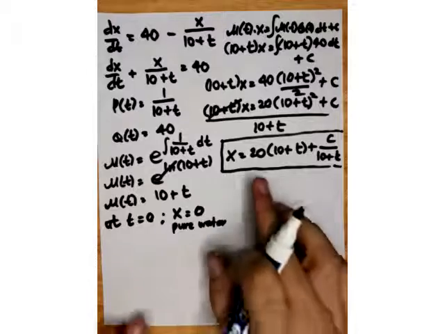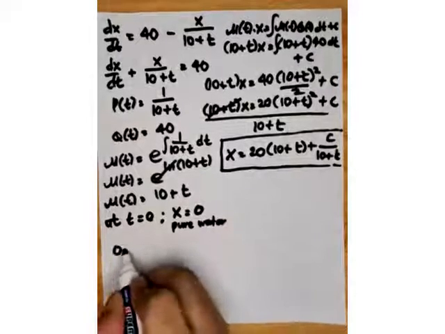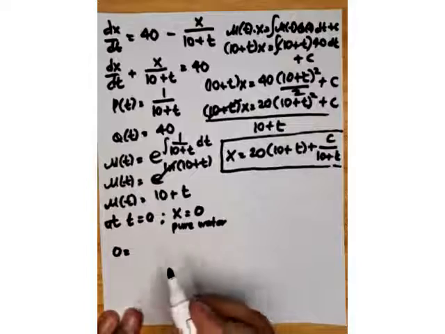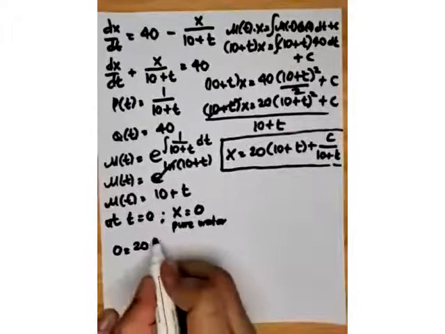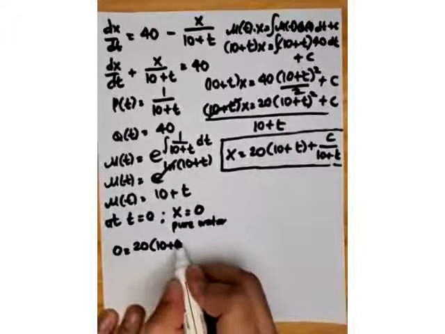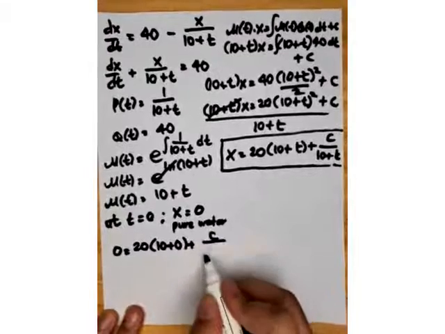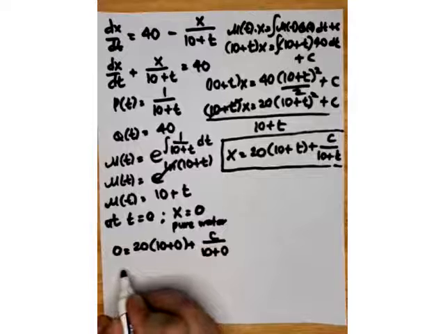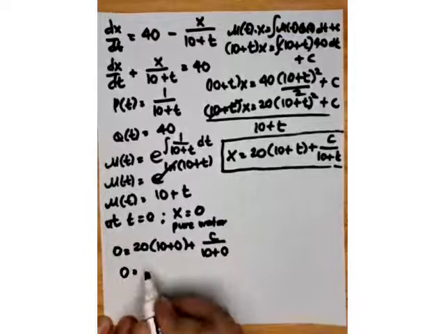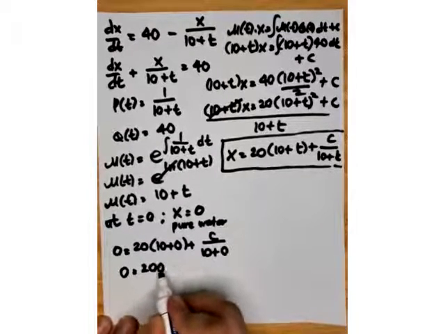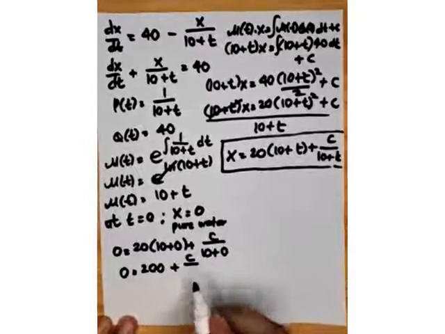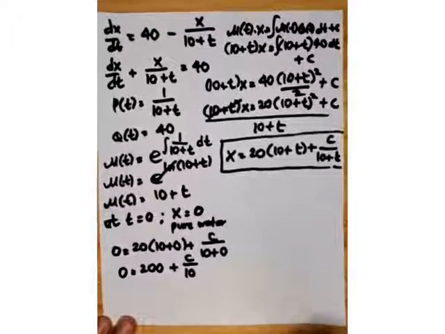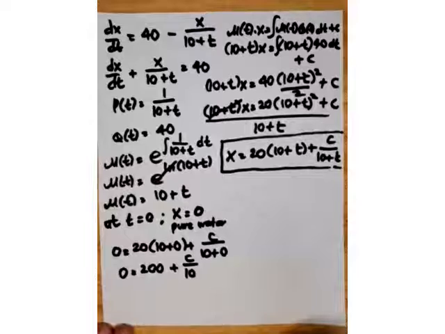Ano susunod na? Okay, let's substitute. So that will be 0 is equal to 20 times 10 plus 0 plus C over 10 plus 0. Okay. So this will be 0 is equal to 200 plus C over 10. Tama ba ako? Ayan.